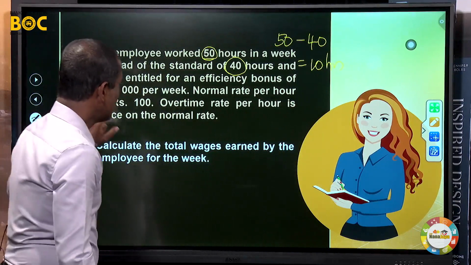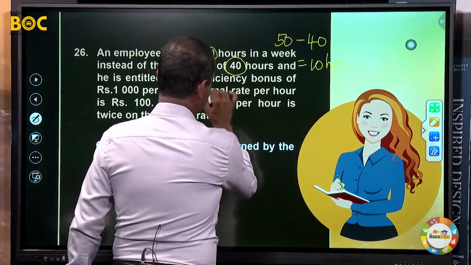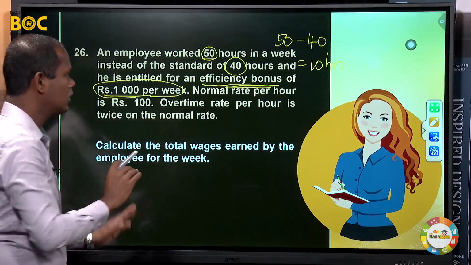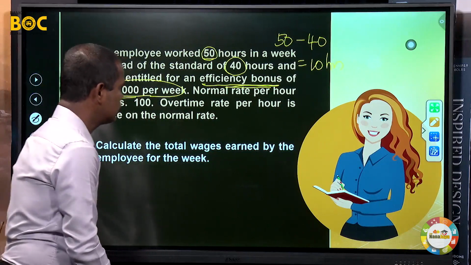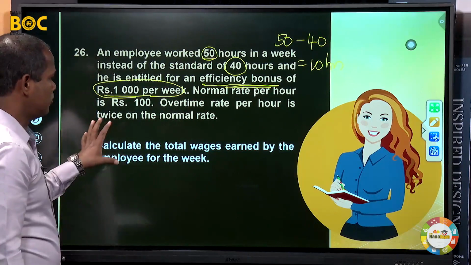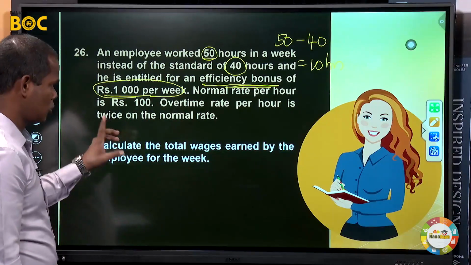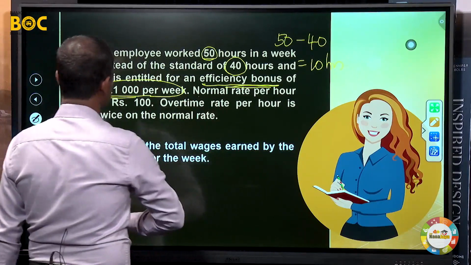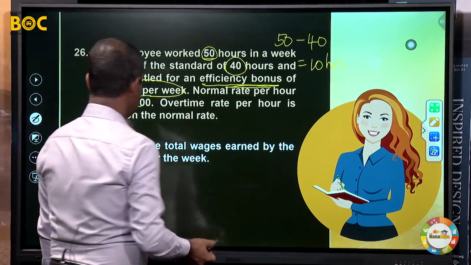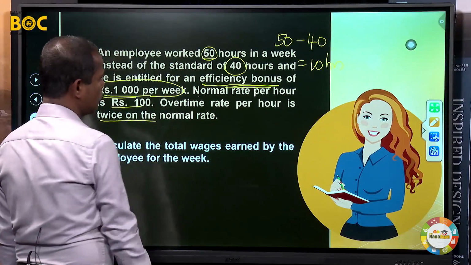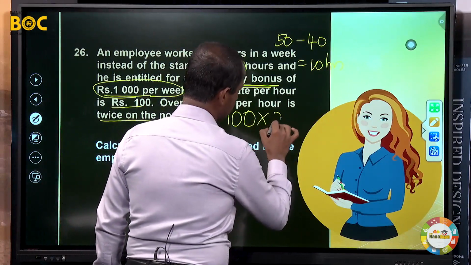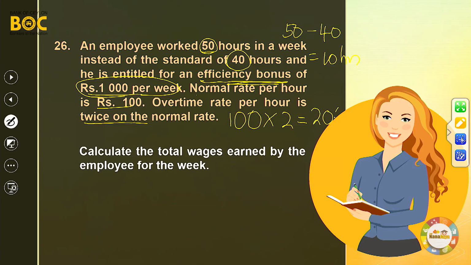He is entitled to an efficiency bonus of 1000 rupees per week. Normal pay rate is 100. Overtime rate is twice the normal rate. Normal rate is 100, into 2, so overtime rate is 200 rupees.